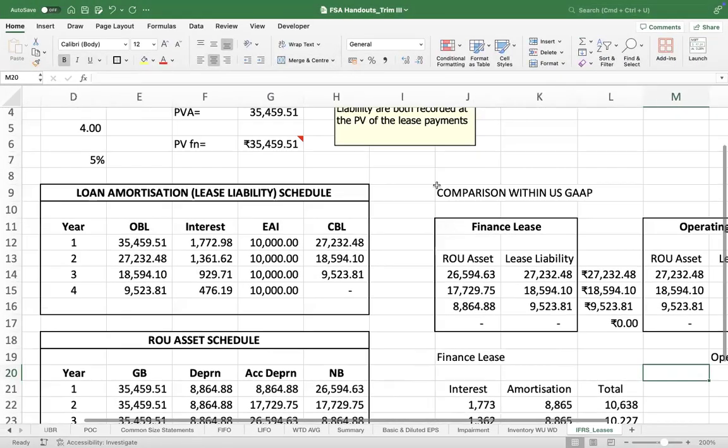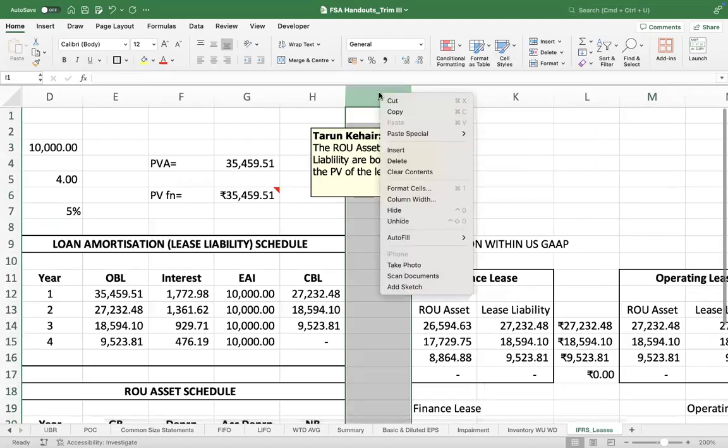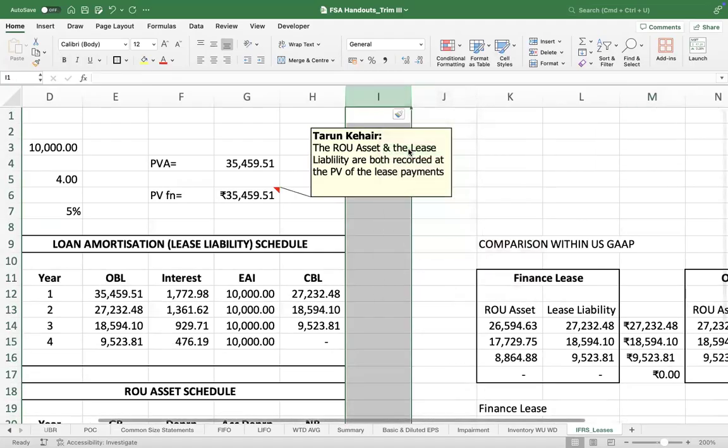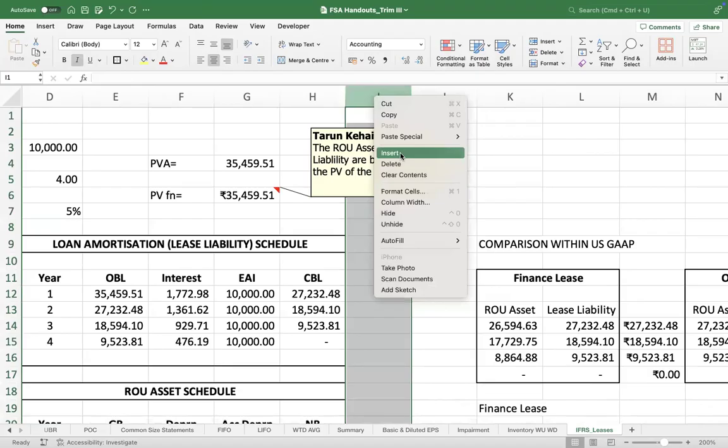उसके लिए बेस्ट इज फर्स्ट टू break up the equated annual installment into principal and interest. इसको हम ब्रेकअप करेंगे बिटवीन प्रिंसिपल एंड इंटरेस्ट.